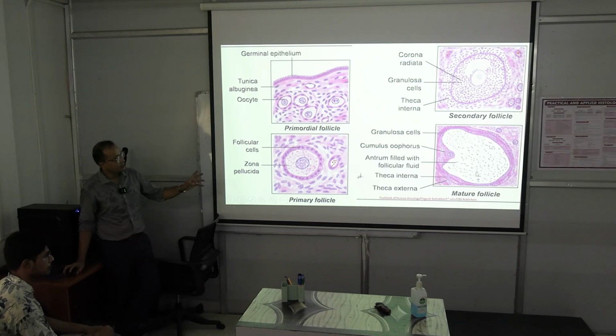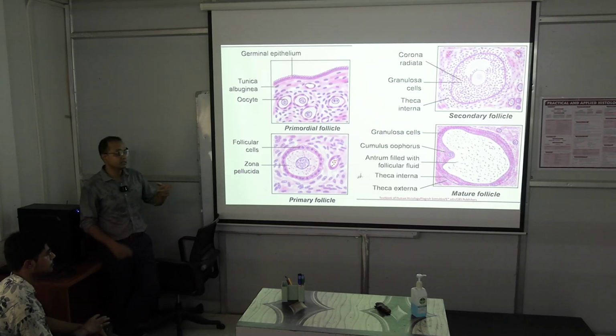Now once this secondary follicle gets stimulation, the primary oocyte starts the second cell division. It becomes a secondary oocyte and the first polar body is projected. Once the first polar body is produced and the primary oocyte completes its division, it becomes a secondary oocyte, and because that becomes the mature follicle, we call it the Graafian follicle.